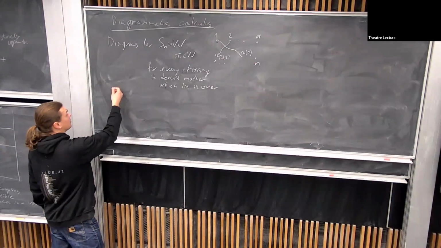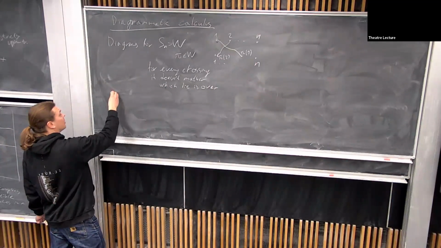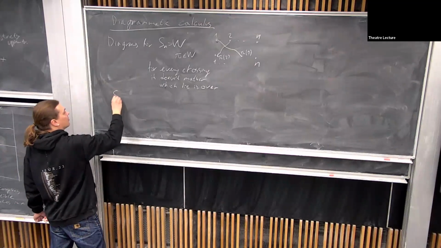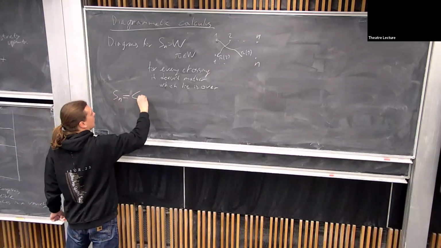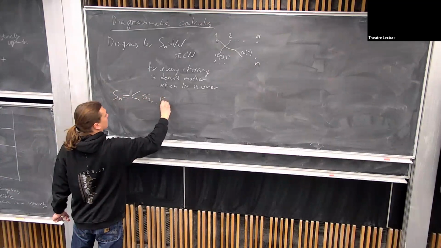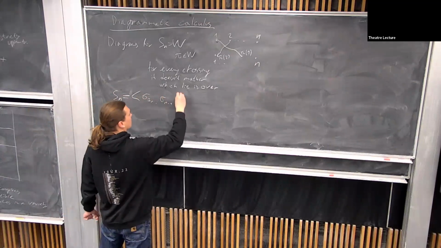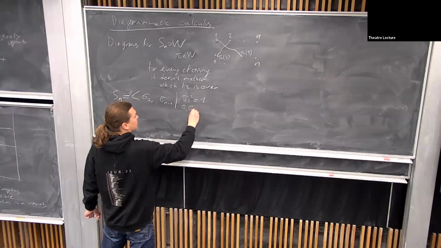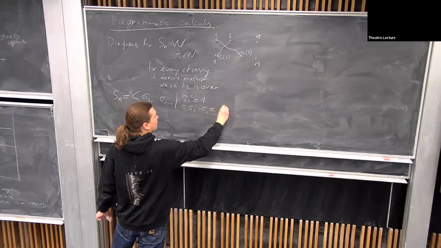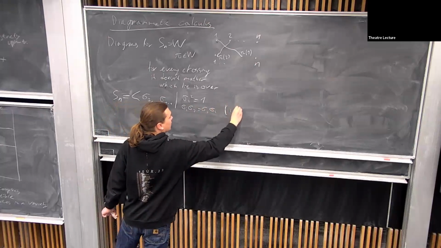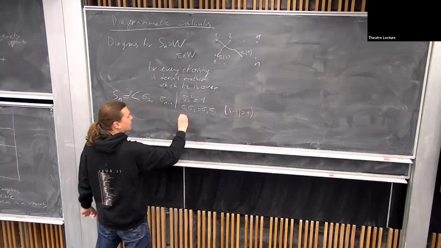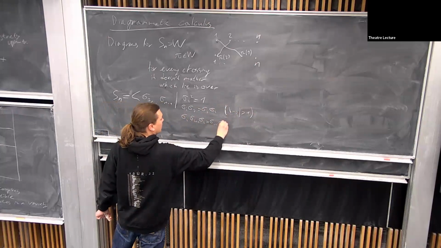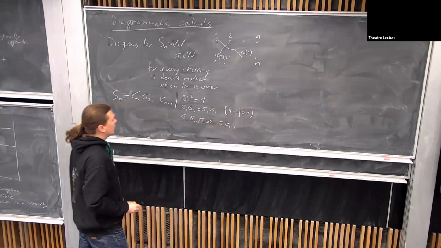We can also describe the permutation group abstractly using generators and relations. So we know that S_n is generated by generators sigma_1 up to sigma_{n-1} modulo relations: sigma_i squared is 1, sigma_i sigma_j equals sigma_j sigma_i when |i minus j| is greater than 1, and sigma_{i+1} sigma_i sigma_{i+1} equals sigma_i sigma_{i+1} sigma_i.